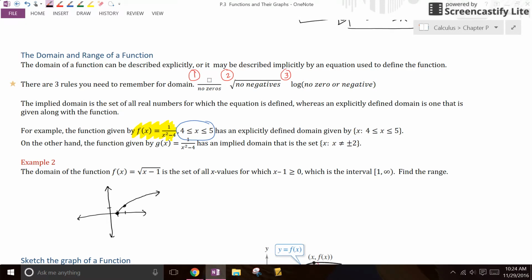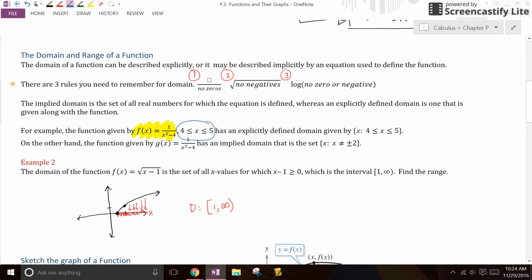What about the y values? How do I figure that out if I'm just looking at a graph? If I want to find the domain real quick, I smush the graph onto the x-axis. I pull all these points down to the x-axis, every single one of these points, and I look at the x-axis now as a number line. I say, oh, the domain is the number line that's filled in, all the way from 1, and it goes on forever and ever. I do the same thing with range.